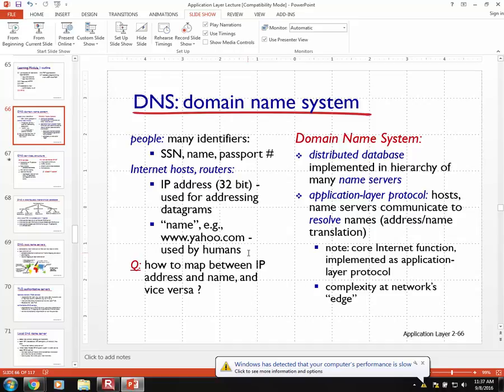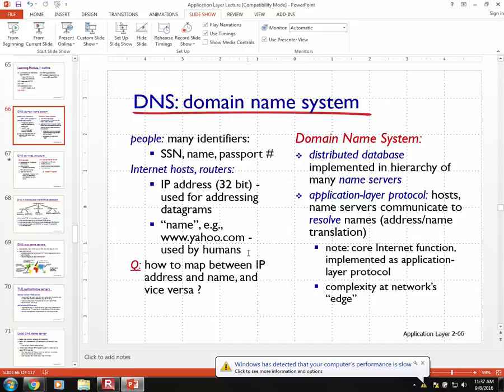The domain name system is a hierarchical distributed database that gives you access to different name servers. The servers at the end of the hierarchy tree have the information that lets you do that final mapping from names to addresses.